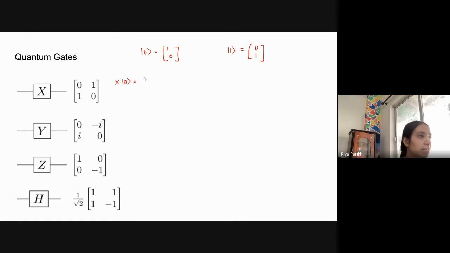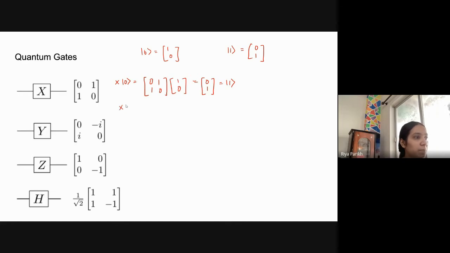This is the matrix notation for the X gate. We write [0 1; 1 0] times state 0, which is [1 0], and we do matrix multiplication and then we get [0 1], and this is state 1. As you can see, it caused a bit flip.